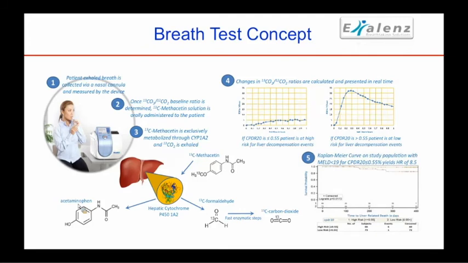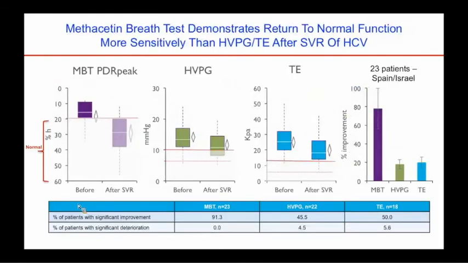And at least in early studies, there was some correlation with MELD. More recently, they've generated data that I don't know if this has been shared with me. It is public. I don't know where it's been presented. But what they showed in this cohort of about 20 some odd patients, I think 23 patients, is that compared to HVPG and transient elastography or FibroScan, after SVR of hepatitis C, this was the only one that could clearly distinguish between patients who had elevated tests and those who had a response after cure of hepatitis C, compared to HVPG, which suggested that all patients still had clinically significant portal hypertension.